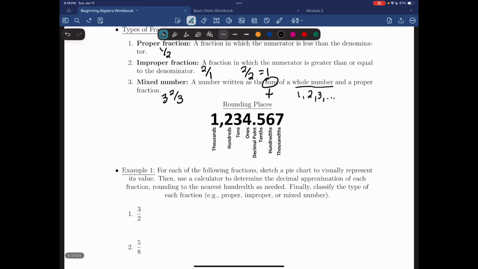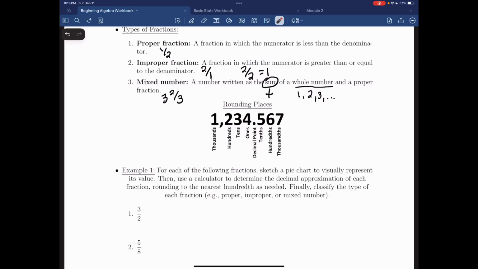And now, if you need a refresher on rounding to places, you can refer to here. And one thing to note, at this point in math and higher, when you're asked to round to the tenths place, hundredths or thousandths place, and so on, typically we're referring to the decimal place.